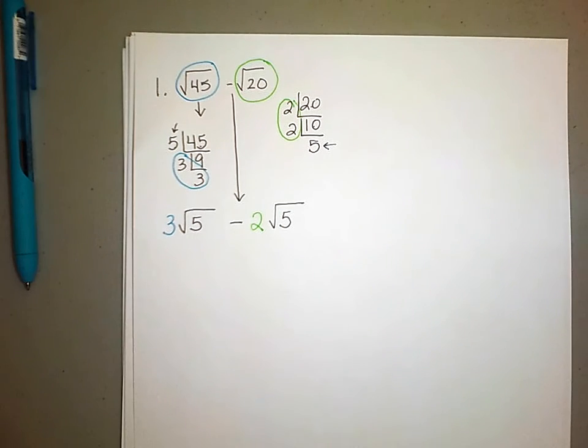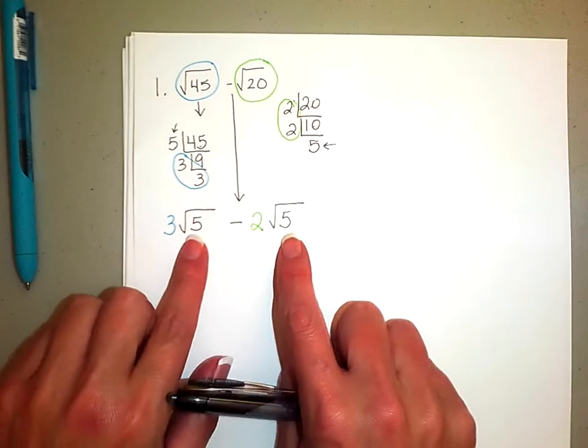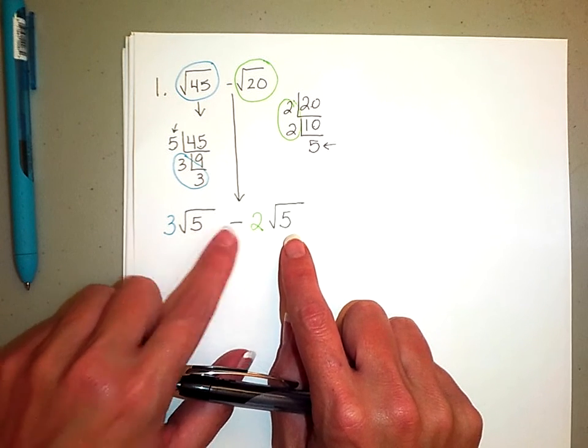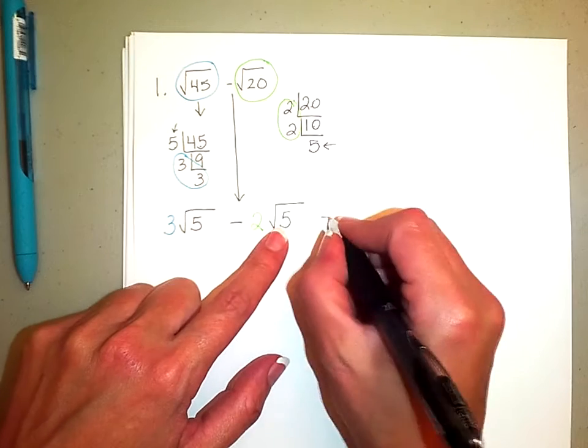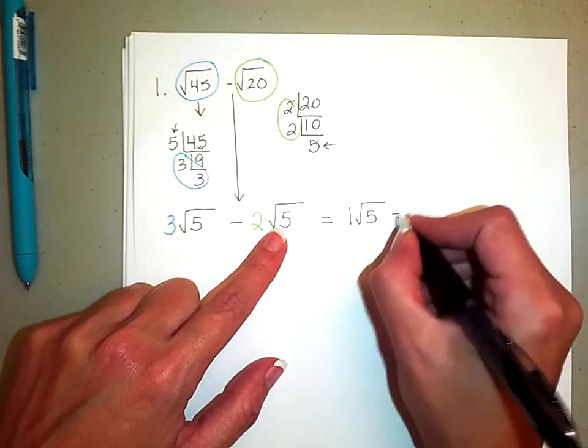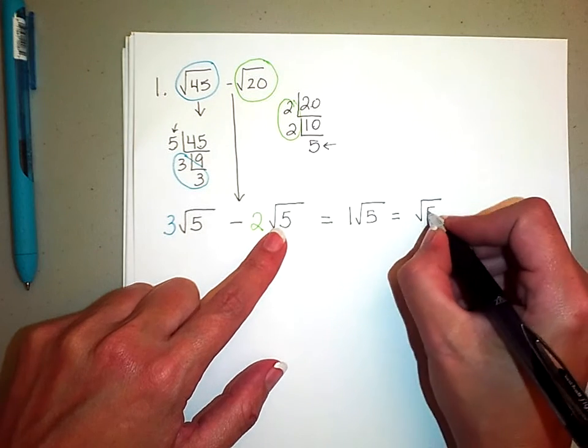And now we've converted these to like radicals. So if I have 3 square roots of 5 and I subtract 2 square roots of 5, I simply have 1 square root of 5, which we often just write as the square root of 5.